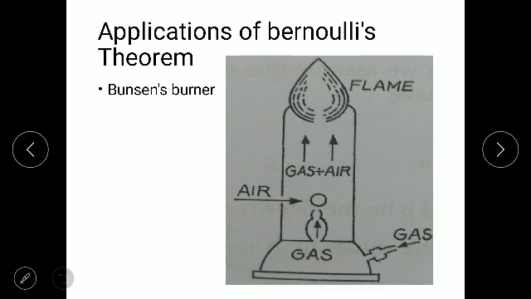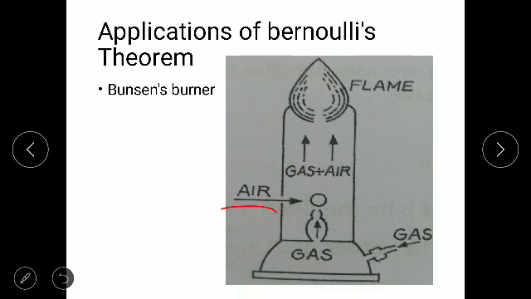To produce a non-luminous flame, the air of the atmosphere is mixed with the gas. You can see a small hole over there where the air enters, and it is getting mixed with the gas so that it produces a non-luminous flame.